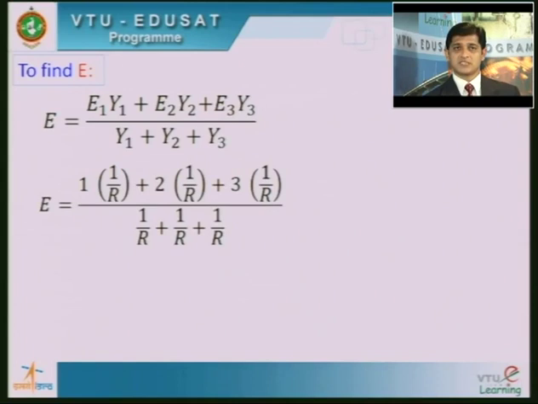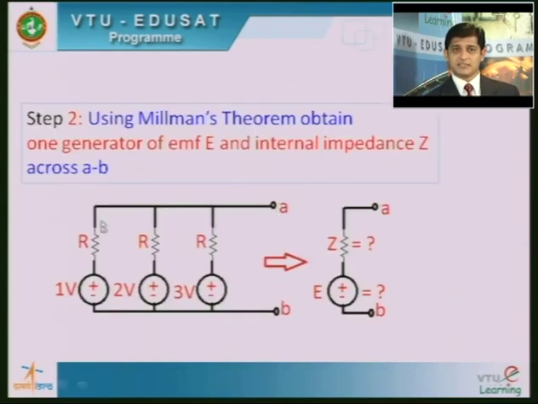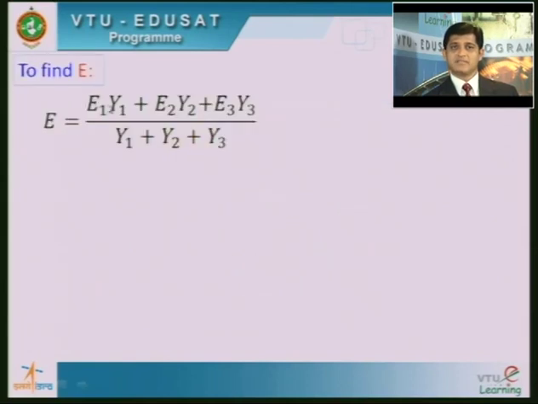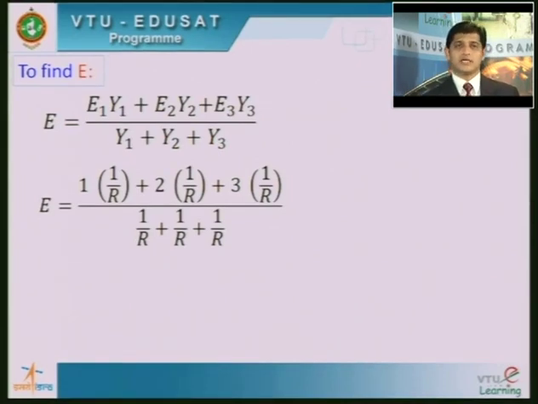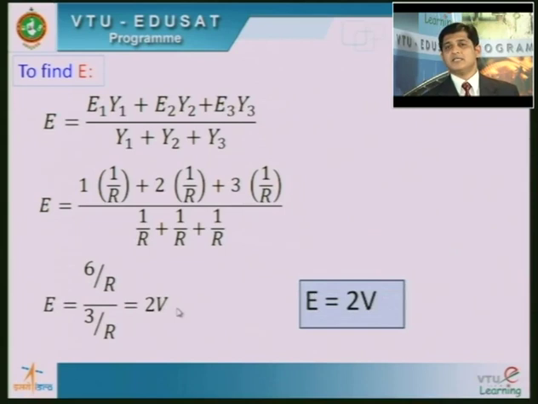What was the resistance of each branch here? It's R. Since we are dealing with Y, we take the inverse of that and substitute 1 by R, and the same thing happens in the denominator also. If you operate on this, you will find that you are getting E to be 2 volts. So this is the value of E that we are obtaining.